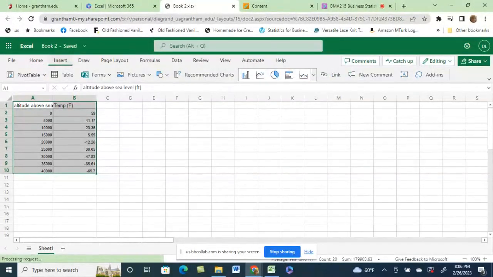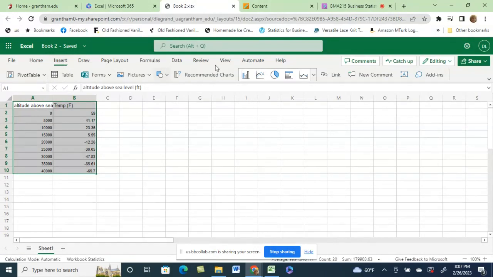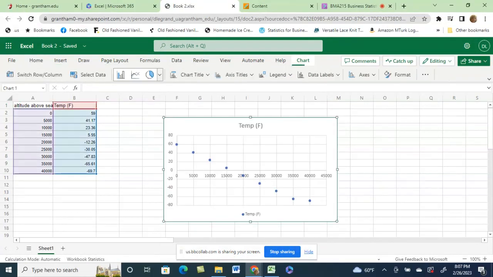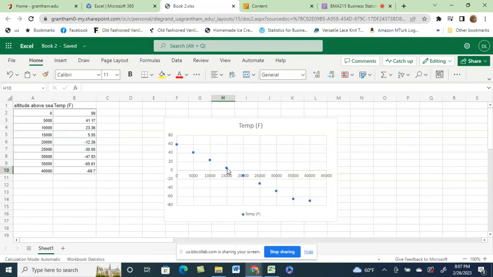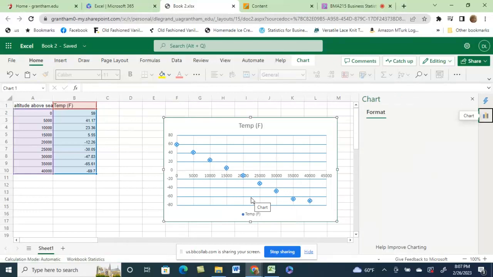All right, sorry. All right, so I want to insert the scatter plot. So I'm going to go to insert. Yeah, and it's over here. So I'm going to pick scatter. And then I'm going to click on the dot. And let me see, format.